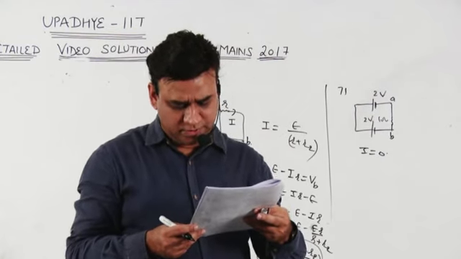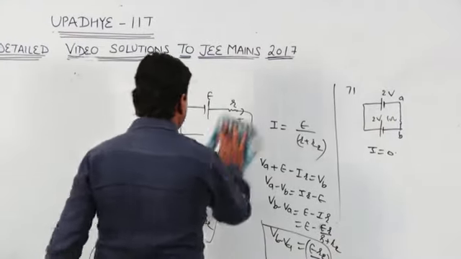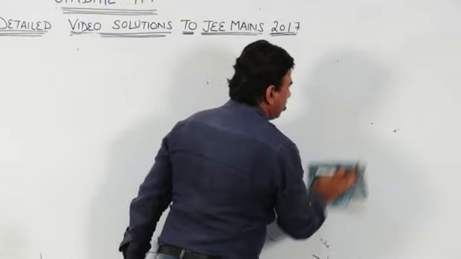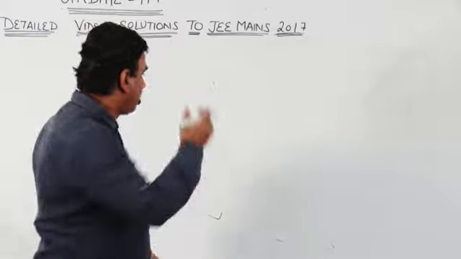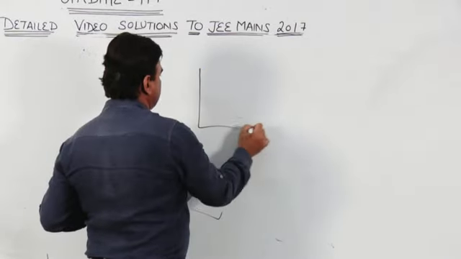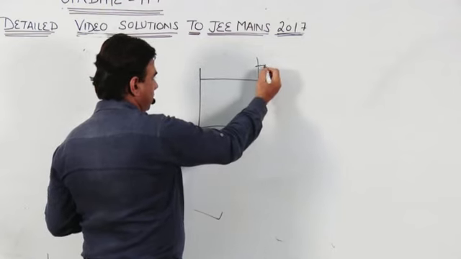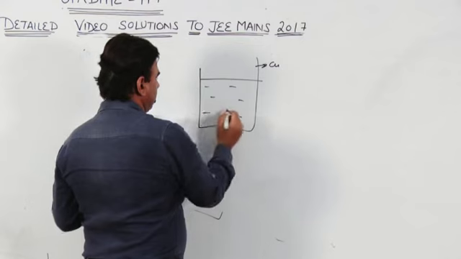Similarly, question number 74. This question is based on calorimetry. One ball of copper is given here, and it is immersed in a calorimeter of copper material, and it is filled with water.